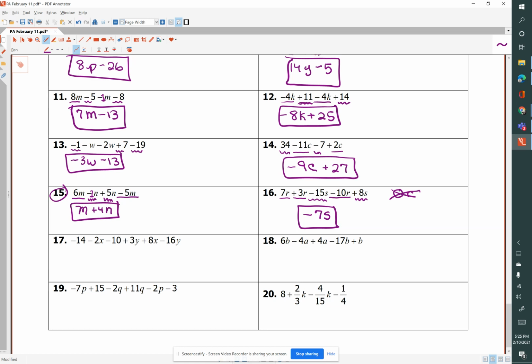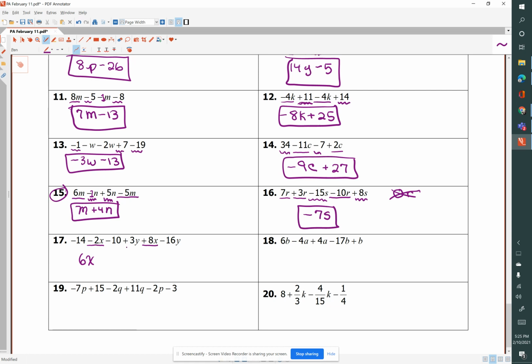How'd you do? So it's number 17. We're getting a little more complicated. Negative 14 minus 2x minus 10 plus 3y plus 8x minus 16y. So let's start with the x terms. Negative 2 plus 8 would be 6x.